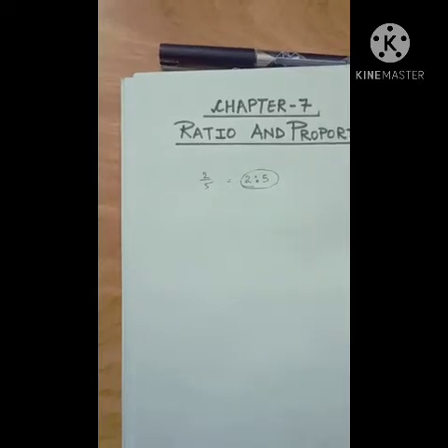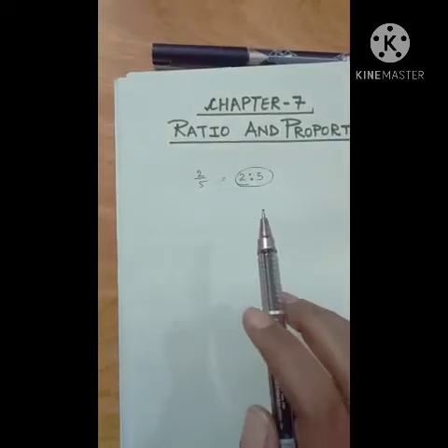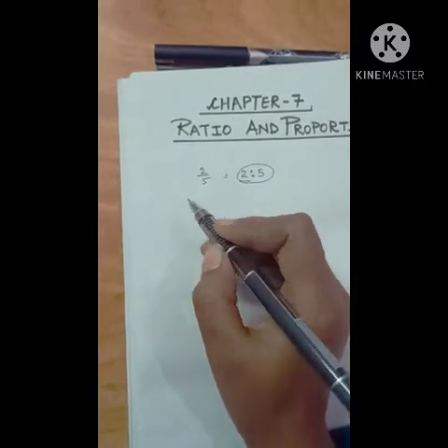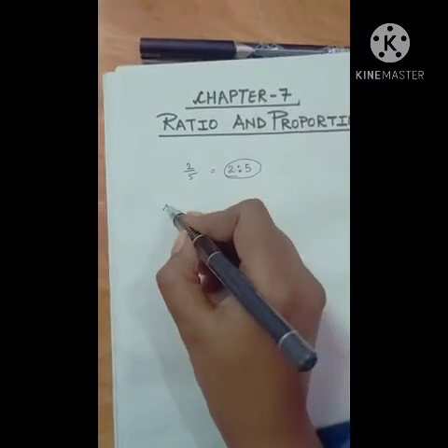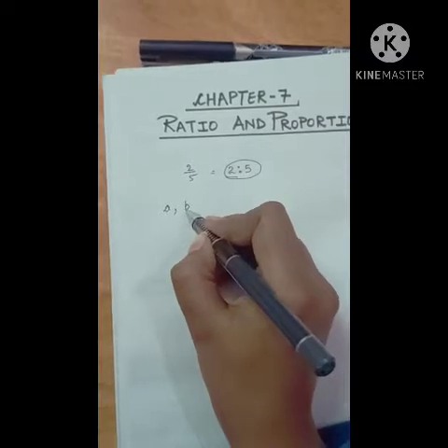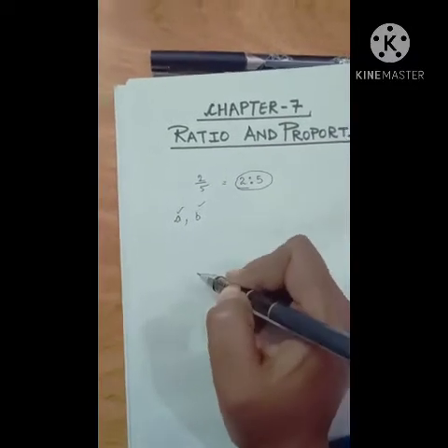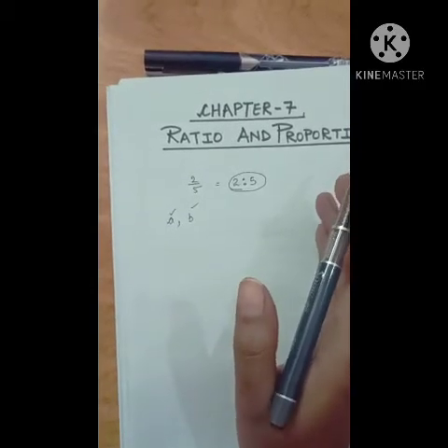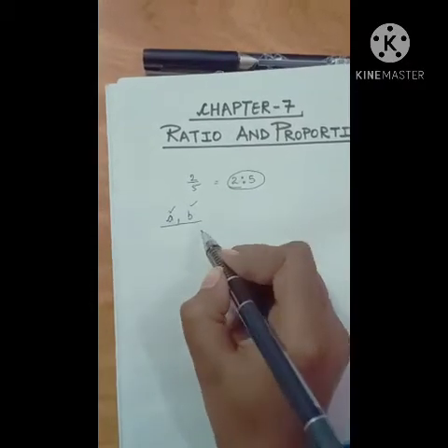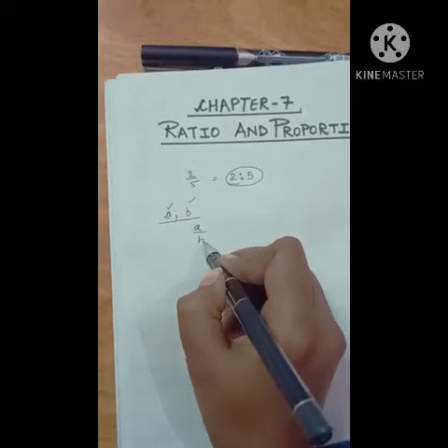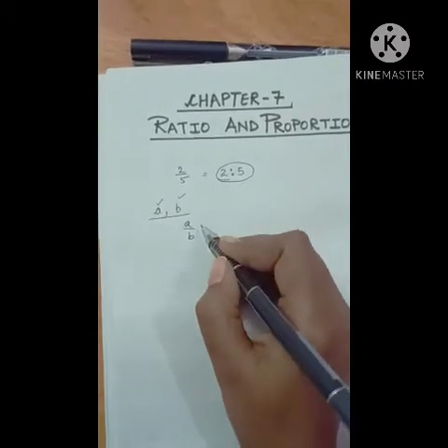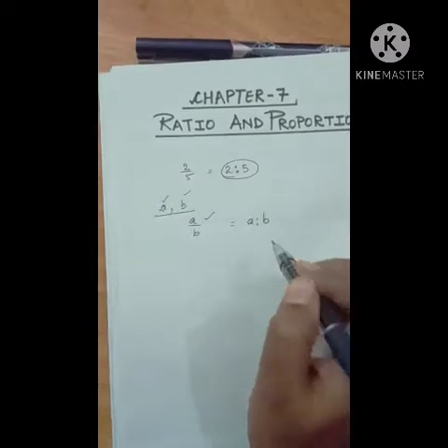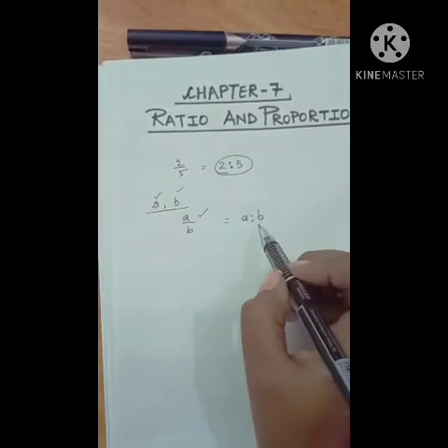Okay, if I say that A and B are two numbers of the same kind, in the same unit, and if I write these numbers in the form of a fraction, we can easily write this in the form of a ratio also, like A is to B. How do we read this?